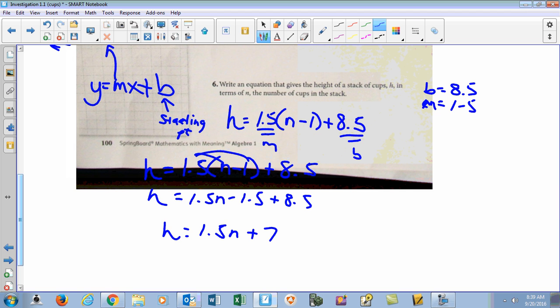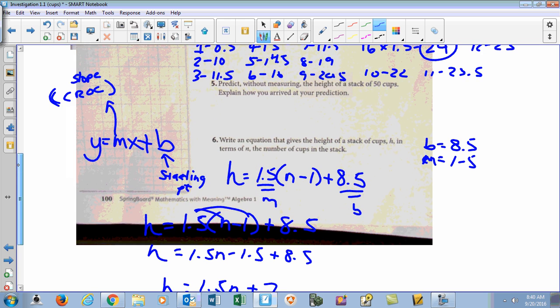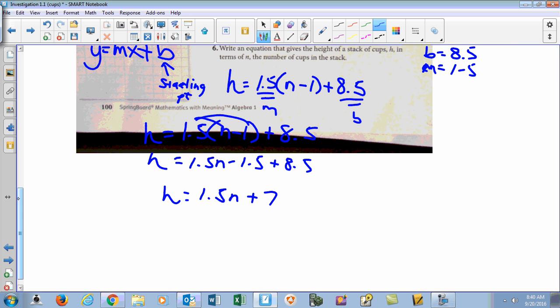Which doesn't make any sense to the situation. But that would actually be the equation, so if you plug numbers in, it would work. So if you plugged in a 1, you would get 8.5. You plugged in a 2, you get this, 3, and so on, all the way through. So all we did was we took that equation down below here and simplified it.